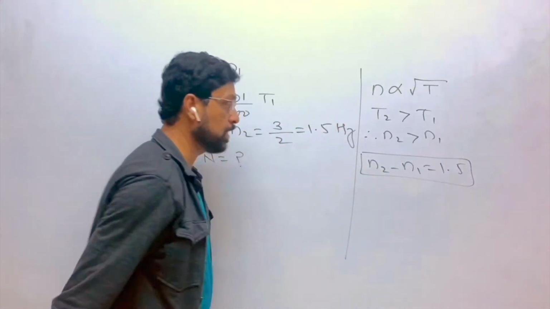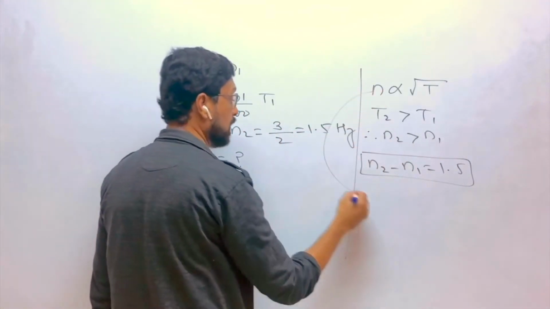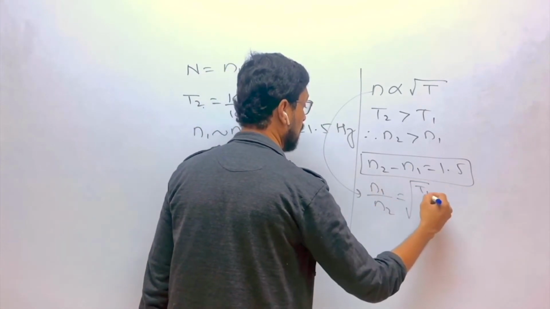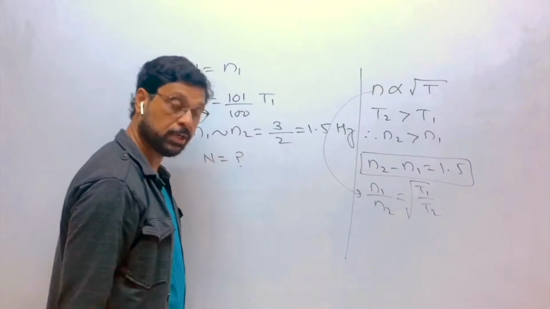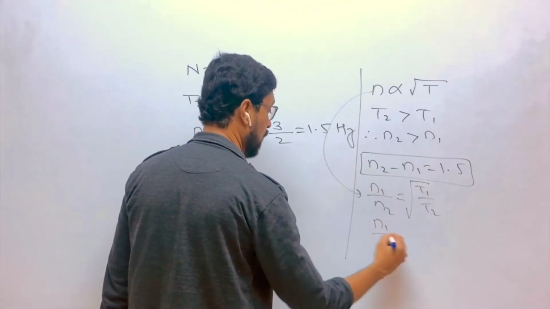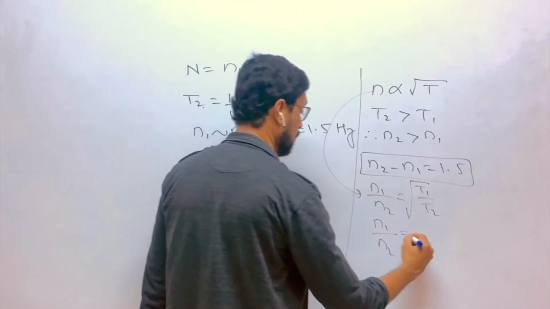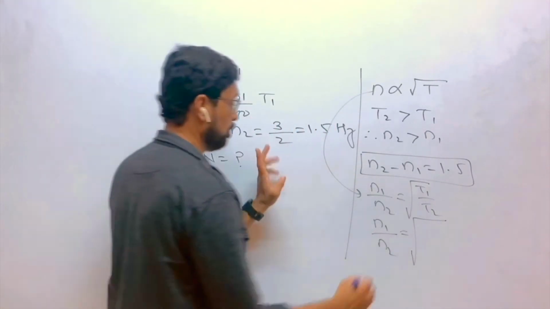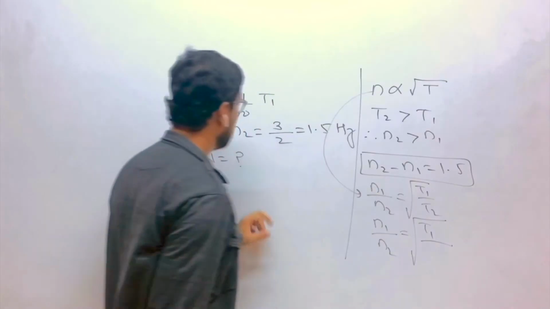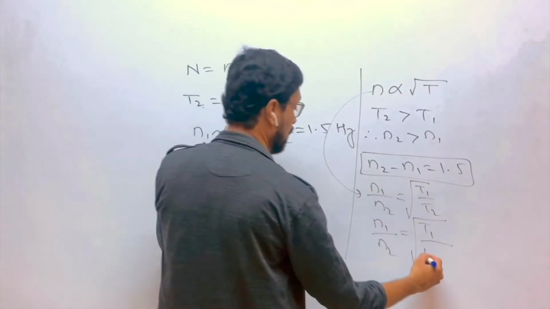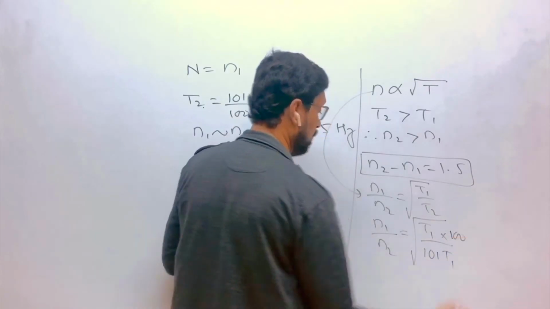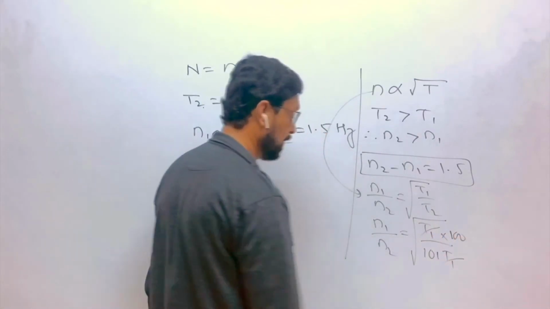You got one relation. Then from this, n1 upon n2 is under root t1 upon t2. So n1 upon n2 is equal to under root t1 upon t2, that is 101 t1 upon 100. This t1 gets cancelled.